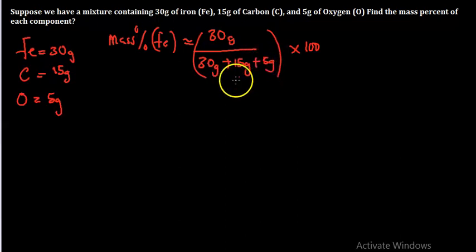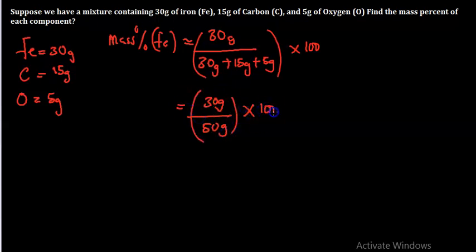Therefore, we'll be left with 30 grams divided by 50 grams, still multiplied by 100%. At this point, grams will cancel out. We are going to be left with 30 divided by 50. So 30 divided by 50 is simply going to be 0.6, multiplied by 100. 0.6 multiplied by 100 is simply going to be 60%.